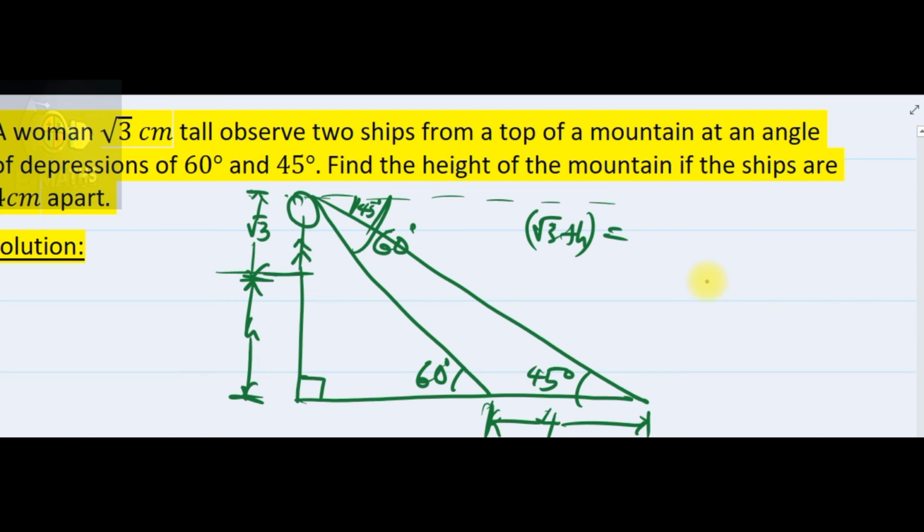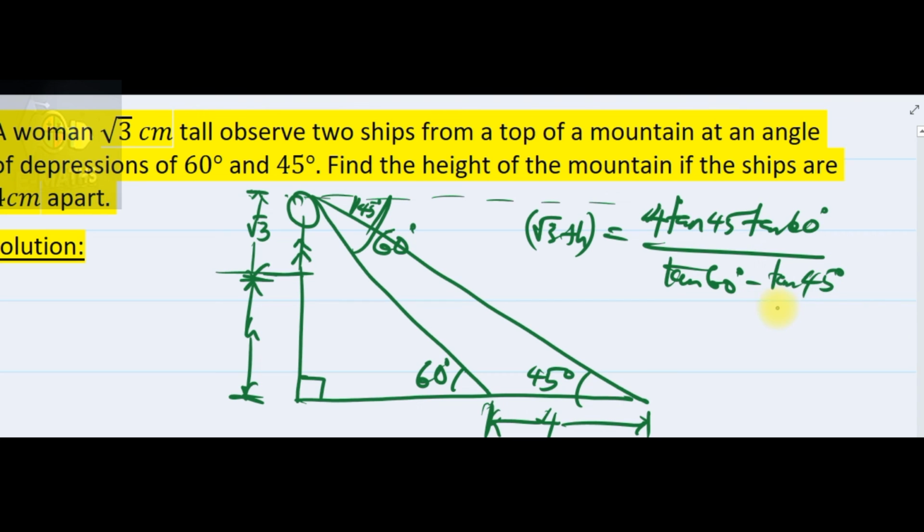So we use the one that has tan, because the difference between 60 and 45 is not a special angle. So we have 4 tan 45 tan 60 over tan 60 minus tan 45.